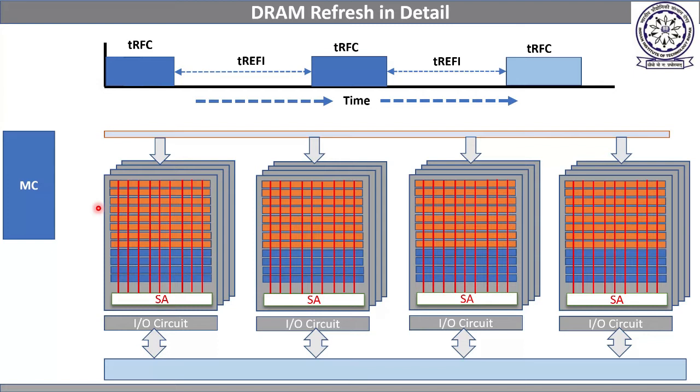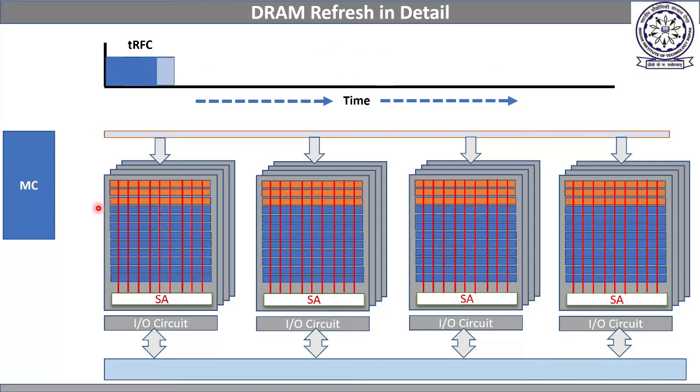First, suppose after this situation, at this point, the memory controller should send the next refresh command after a certain amount of time. That is called the refresh interval time. How will the memory controller count this? To count this refresh interval, there should be a counter here, one counter for each rank. For this particular rank, there will be a counter here.